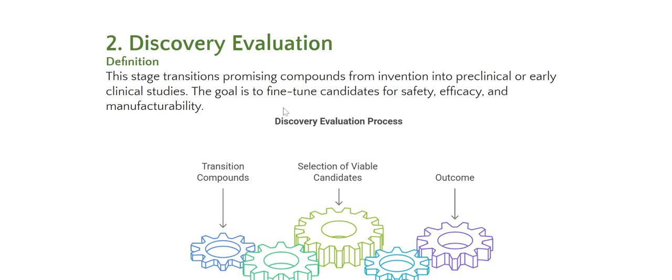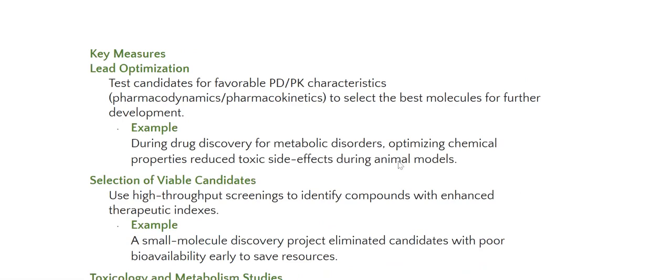The goal here is to fine-tune candidates for safety, efficacy, and manufacturability. And here is a diagram summarizing the discovery evaluation process. From left to right: compounds transition from the invention assessment, lead optimization, selection of viable candidates, toxicology and metabolism studies, and then the outcome.